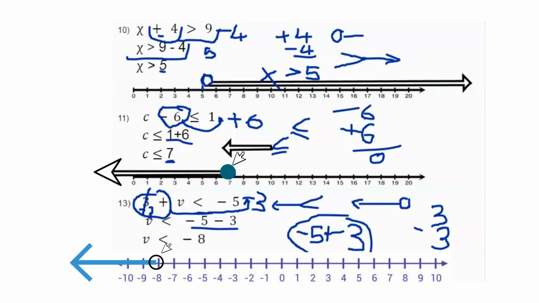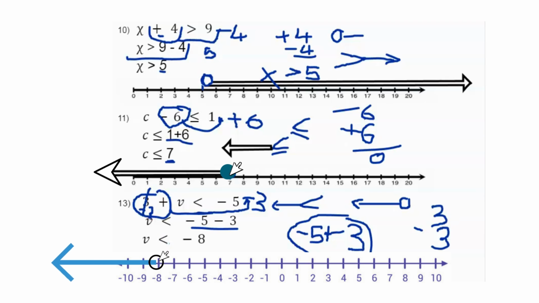So we added, but we kept the negative sign. Always do that. Now, time for us to locate where -8 is, which is here. In the previous one there were no negatives on the number line, but this time we have a negative sign. When you check, the less than sign is all by itself.